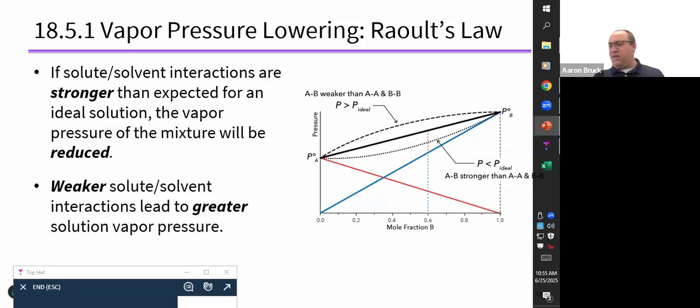Now, I'm not telling you this because the next thing I'm going to show you is a calculation for how to correct for this. It isn't. It's just to tell you that Raoult's law is based on what we would call ideal behavior. But if we deviate from ideal behavior, we can expect either a greater lowering because of increased intermolecular force or a lesser lowering because of decreased intermolecular force.